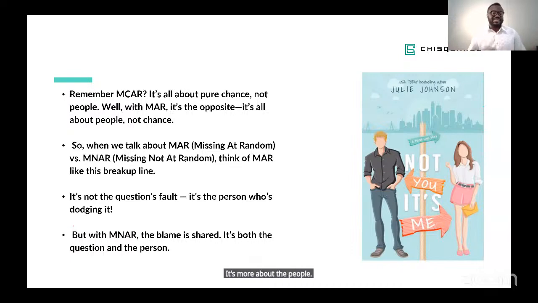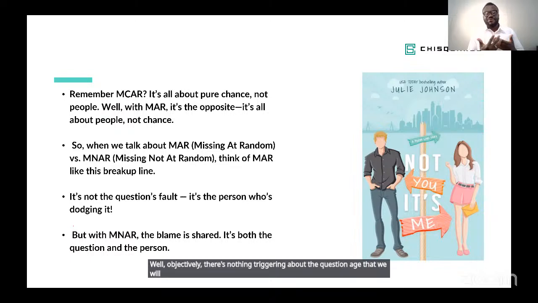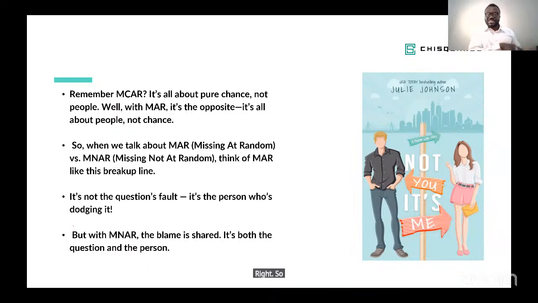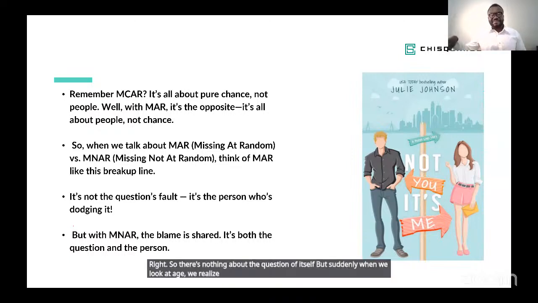So when you ask, for example, what's your age? Well, objectively, there's nothing triggering about the question of age that would make us consider that people will skip it, right? But suddenly, when we look at the age, we realize that a lot more females had missing values for age than men.